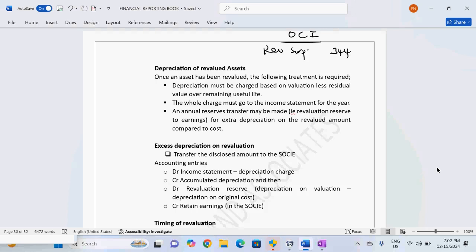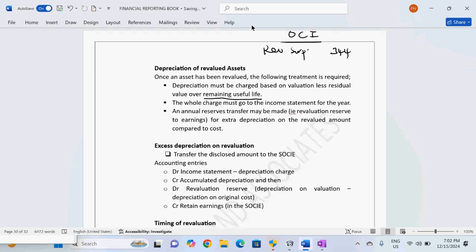Let's say the depreciation was over 40 years, as we saw from the previous question, and you did depreciation earlier for 1 year. In the subsequent depreciation, you do not divide by the 40 years because you've already used 1 year. So that will be the remaining useful life. That's what this statement is saying.